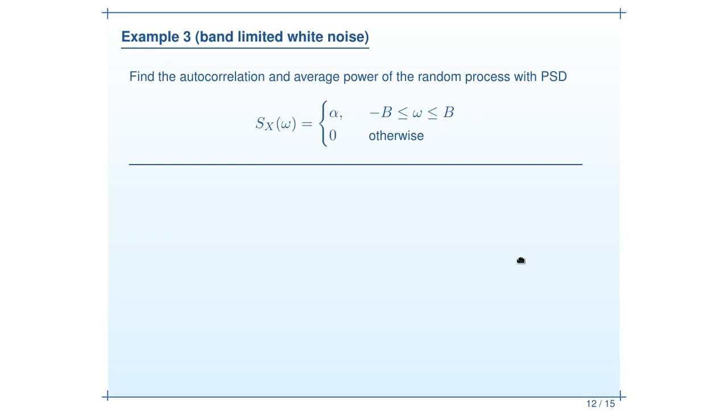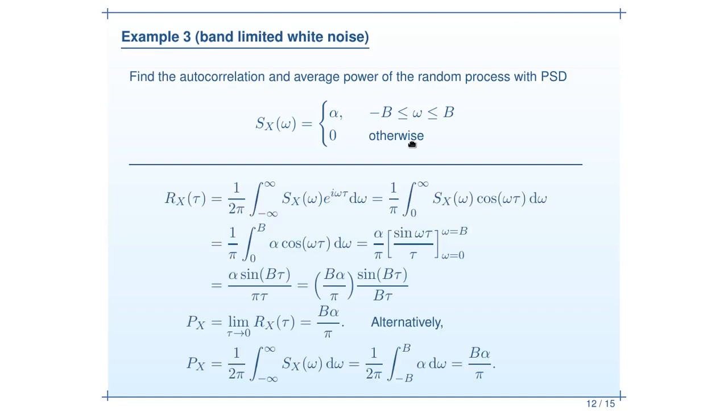Now let us look at another example. This is the band limited white noise. That is a flat spectrum from minus B to B in this frequency band, 0 elsewhere. Again, this is very easy to prove. Here we are given the power spectral density.